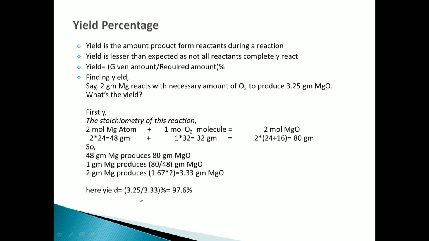As we can see, the given or produced amount of product is always lesser than the expected amount. Then we multiply it by 100 to represent it in percentage, which is 97.6%. In reality, it cannot actually be 100%. At most, it might go to 99% or a bit more, but in reality, it is never 100%.